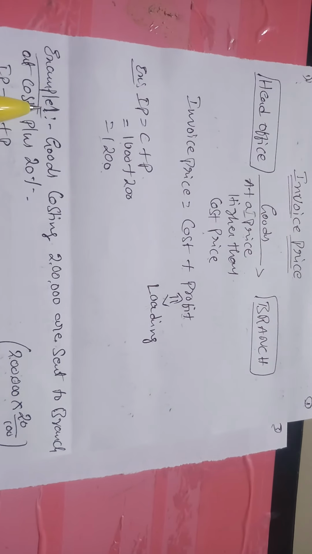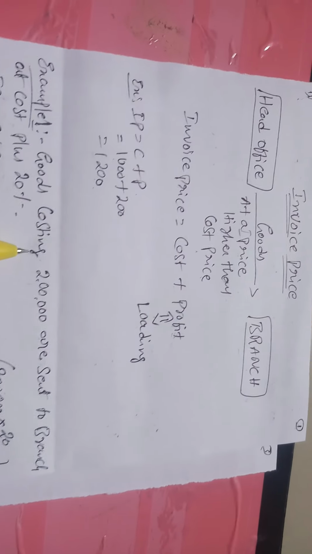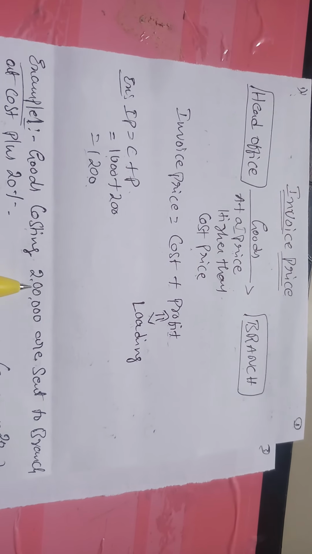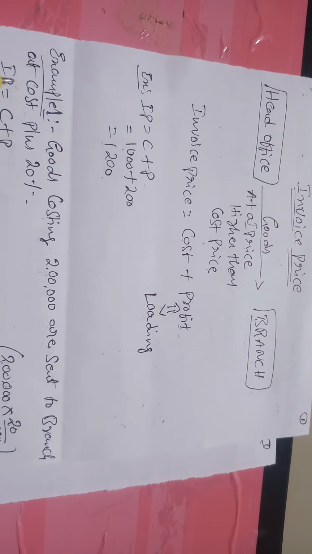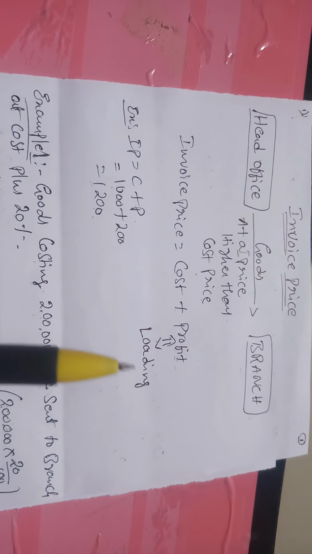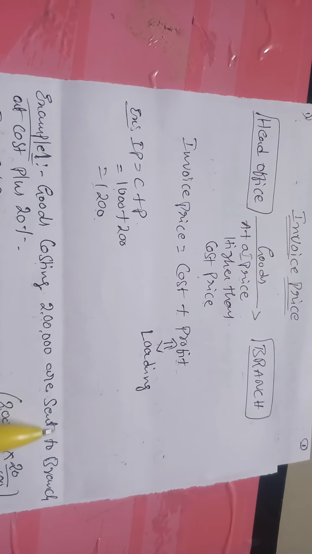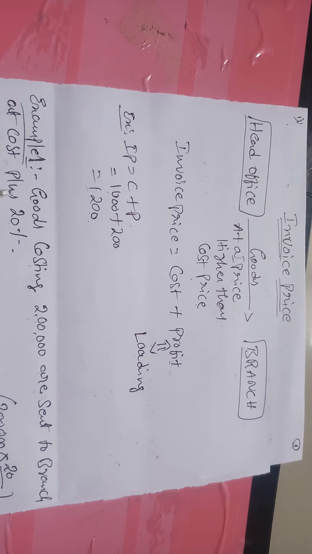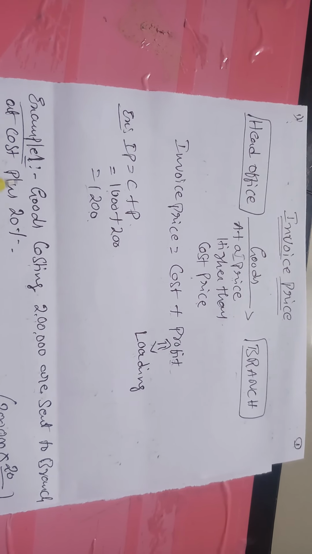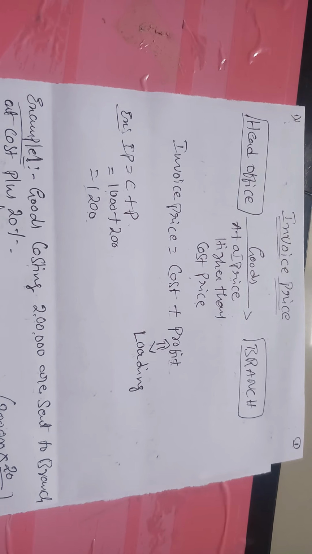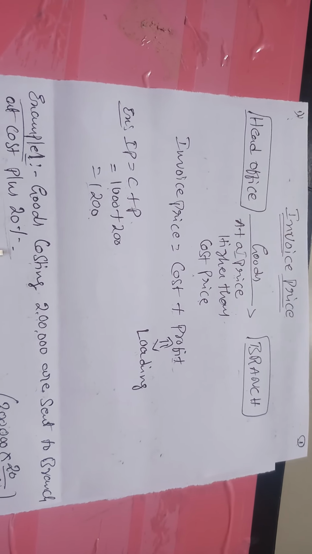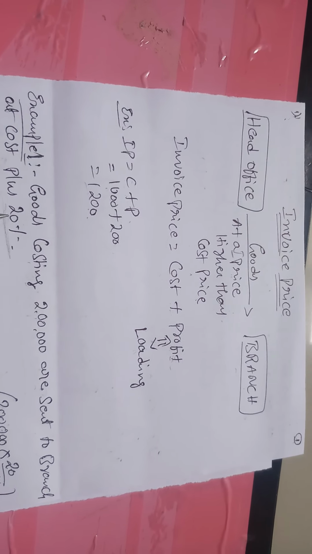Okay, next I'll go to example number 1. Goods costing rupees 2 lakh are sent to branch at cost plus 20%. So here the cost is rupees 2 lakh, and the goods are sent to the branch at cost plus 20%. The 20% is the profit. So how are we calculating this?